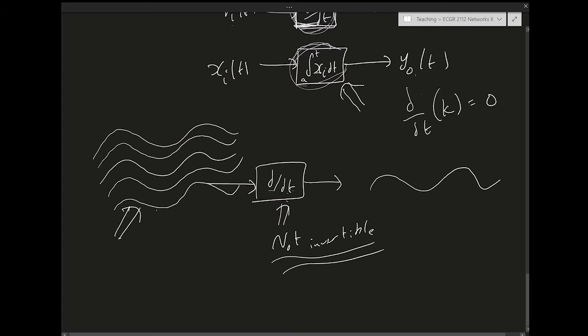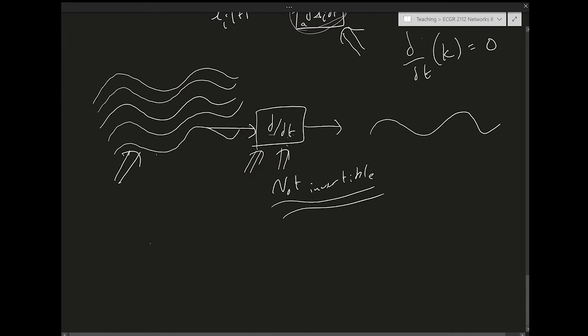In general, differentiation is not invertible because of this basic property it has. It's agnostic to constants, constant shifts in the input function. The only way we can make it invertible is to limit the domain of functions to only functions that are multiplied by u of t.